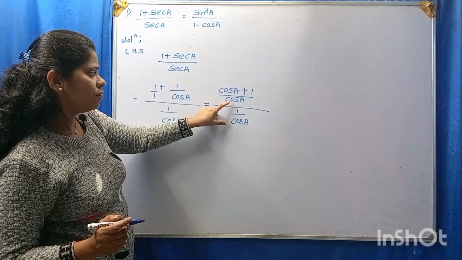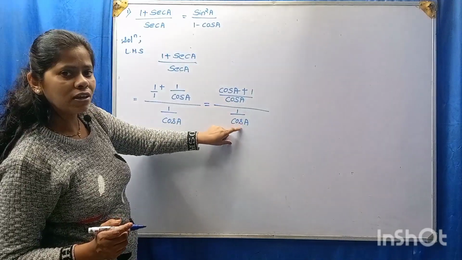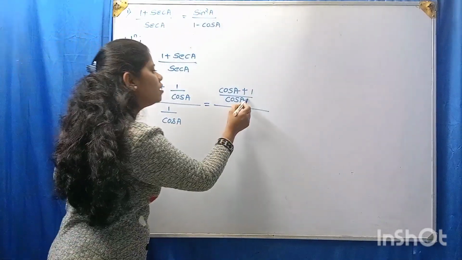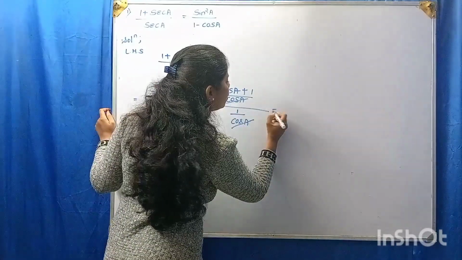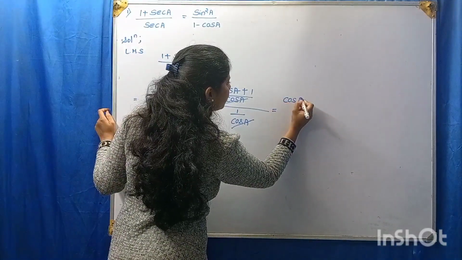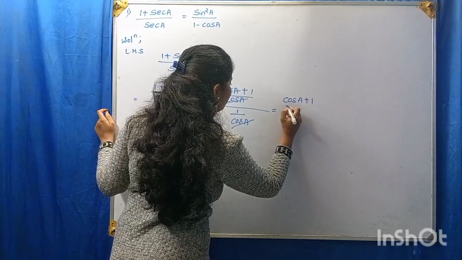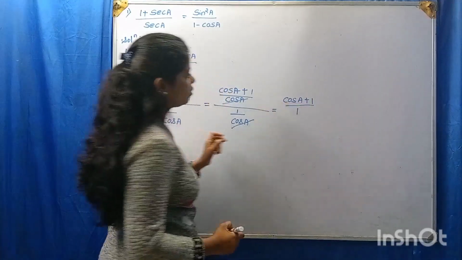In the denominator, we have cos A. Here also in the denominator, we have cos A. Therefore, both will get cancelled. What is left here? Cos A plus 1 divided by 1.